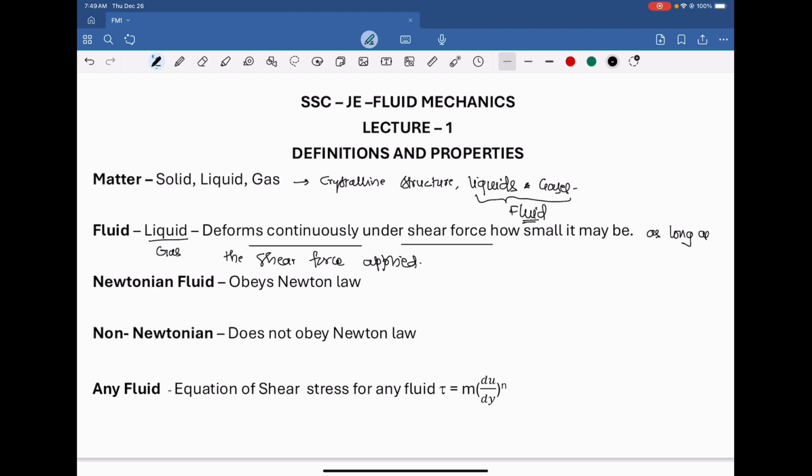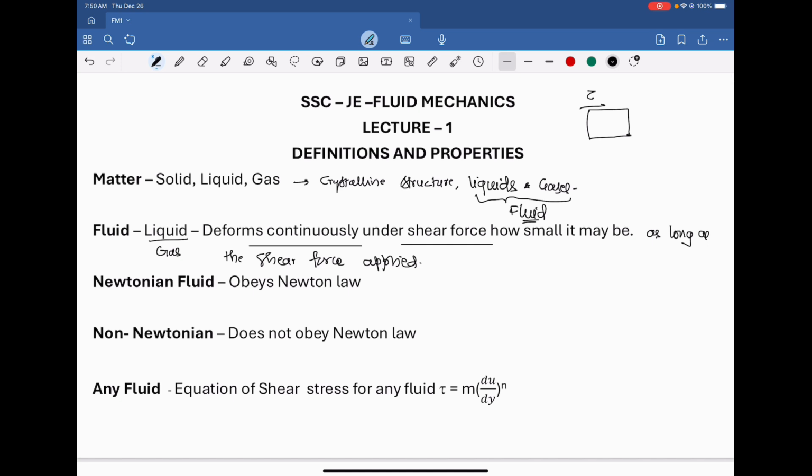Let us take, for example, a solid block here, and you apply a shear force. Shear force is a lateral force. It's not a force perpendicular to the cross sectional area. It is a shear force you are applying.